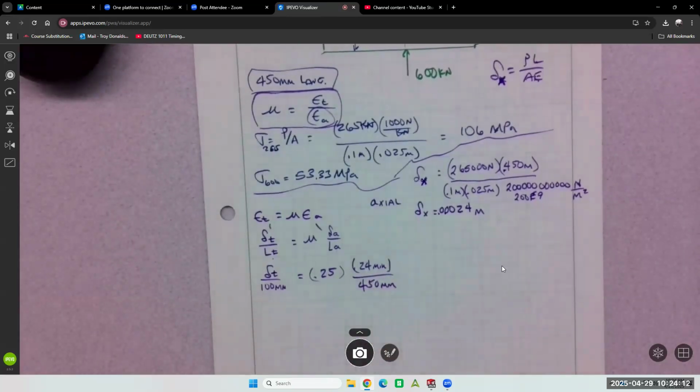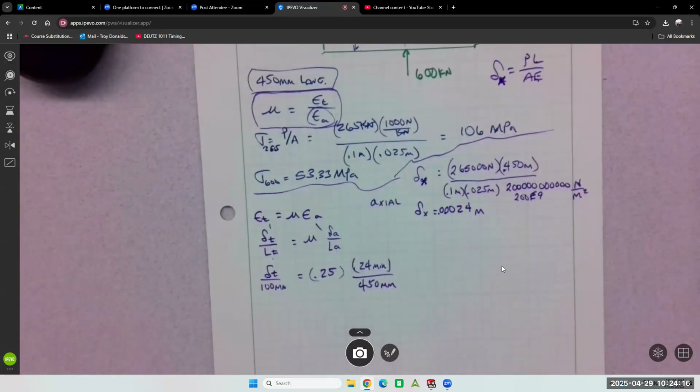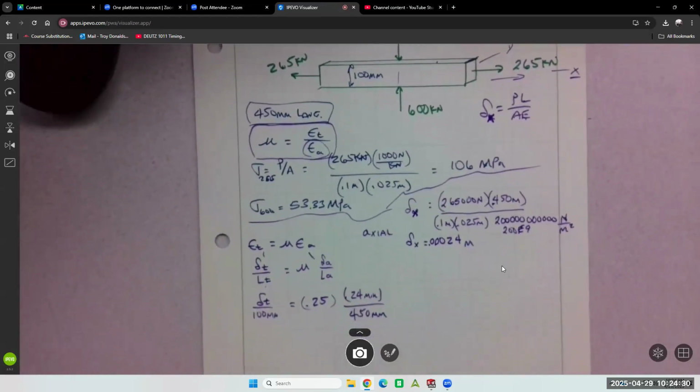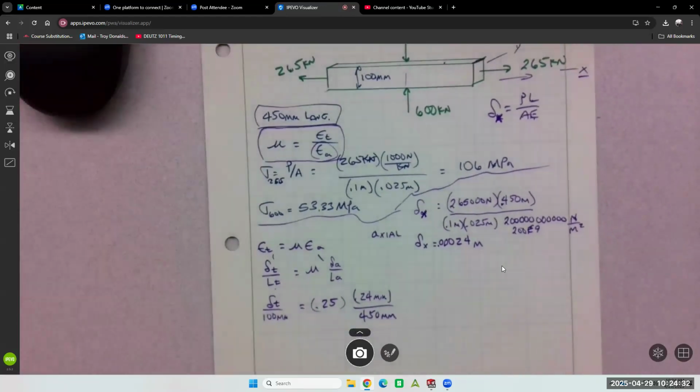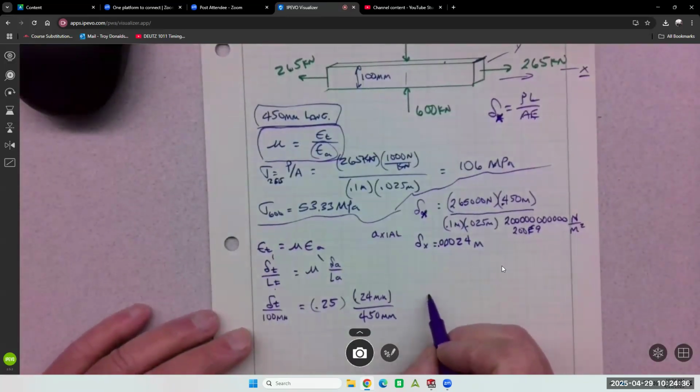So this tells you how much the change happened to the 100 millimeters. And this is going to be an increase or a decrease? Decrease. Yeah, the 100 is going to shrink as we pull on this thing. All right, let's see if we can calculate that.